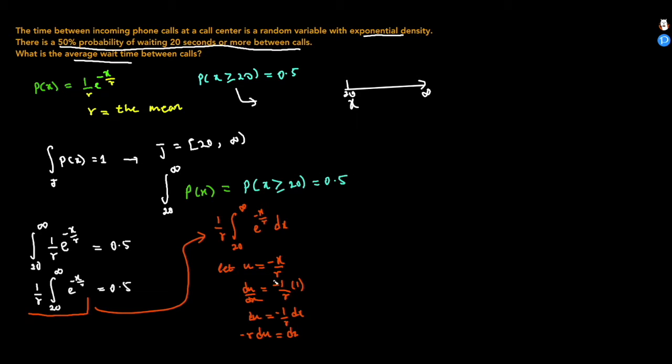Okay, and now we have parts that we need to substitute, right? So we have what u is, and we have what dx is.